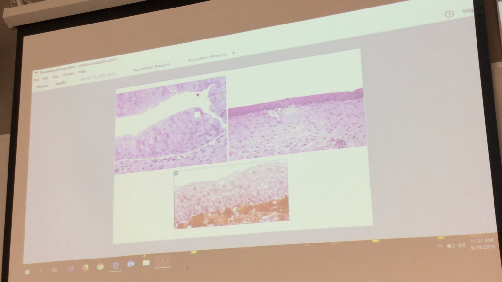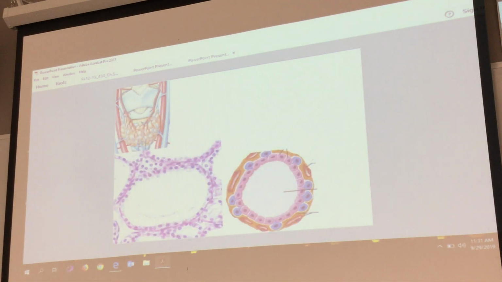Transitional. 2 locations: bladder and ureters. It's also in the male urethra, proximal urethra, yeah, the very beginning.